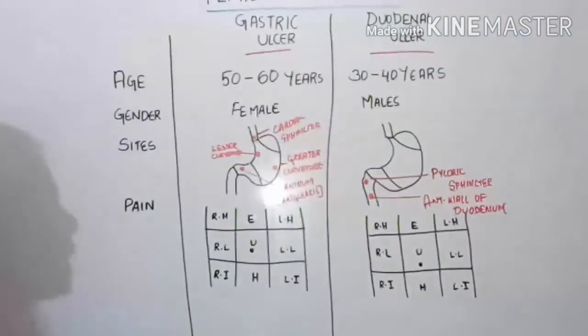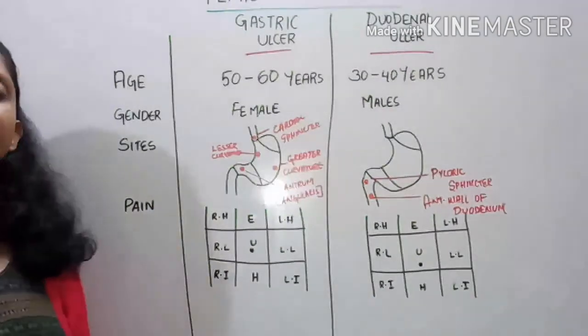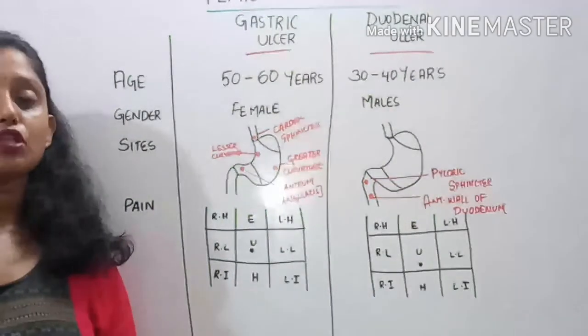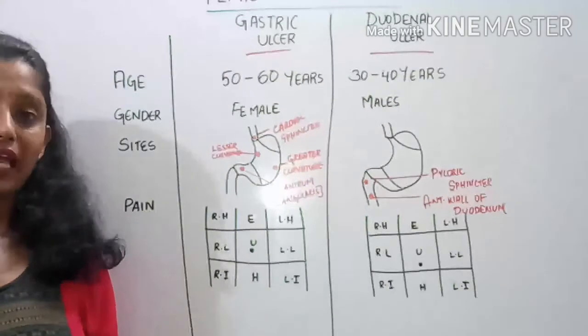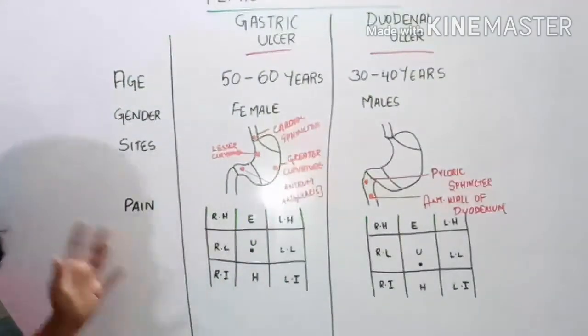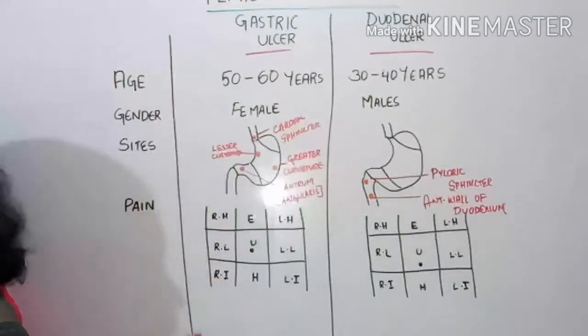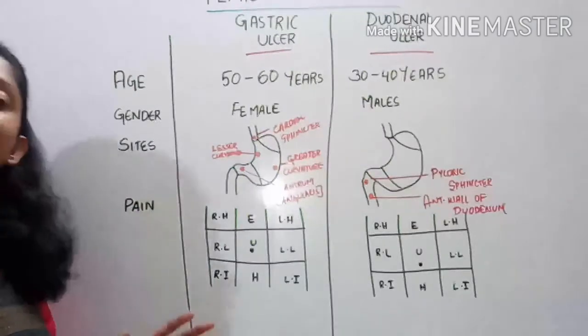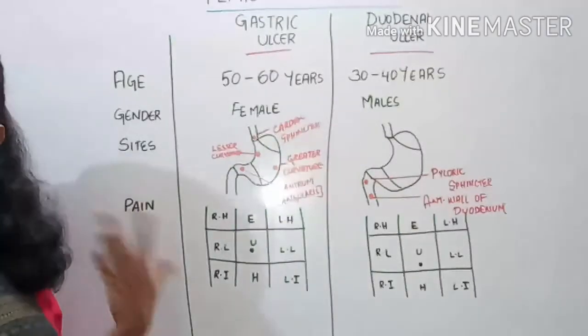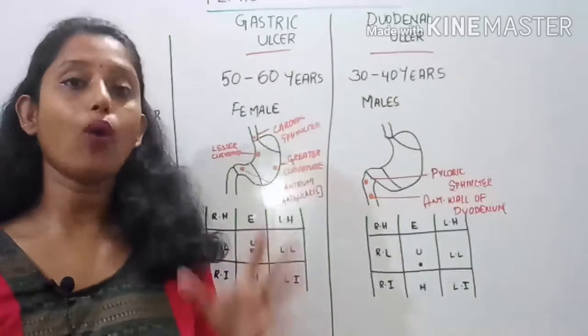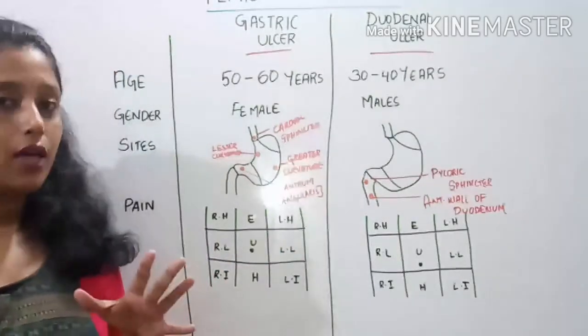Then next is pain. Okay, in which area of the stomach or abdomen can you find the pain? The pain is usually found, specifically in gastric ulcer, in the epigastric region. So I hope you already know about the 9 quadrants of the abdomen.